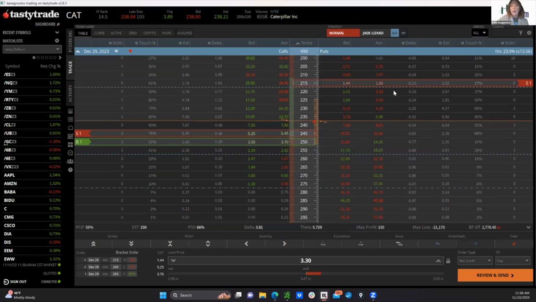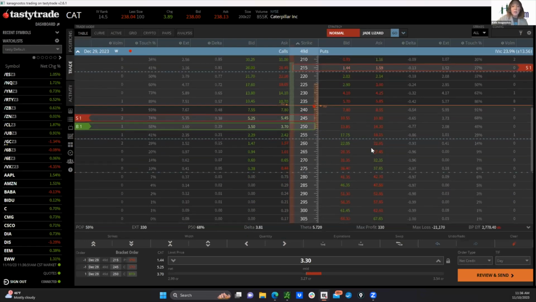And that will throw a jade lizard in here, but it's up to the user to then move the strikes around. Now, I want to give us some room to the upside so that we have some profit potential in case the stock does not move very much. So let's move this call spread. Actually, I'm just going to leave it right there, 245, 250 call spread. Now, remember I said that our total credit collected needs to be greater than the width of that spread.